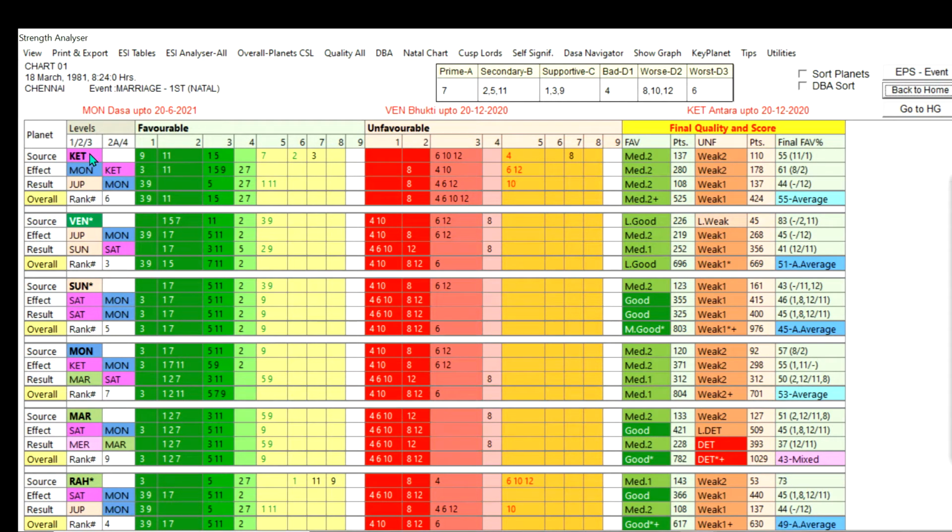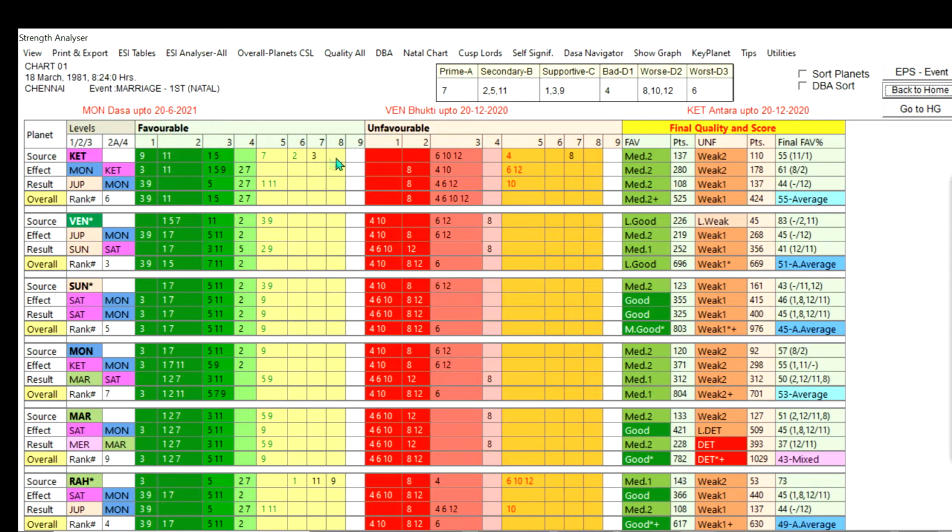For each planet, that is at the planet level, Ketu, you can see favorable and unfavorable are given. It means all the houses signified by the particular planet are grouped under 1 to 9 ranks.